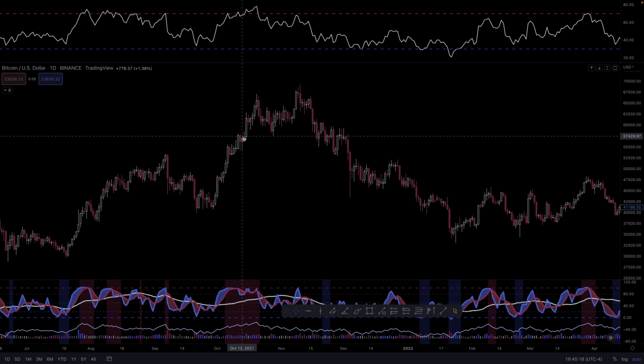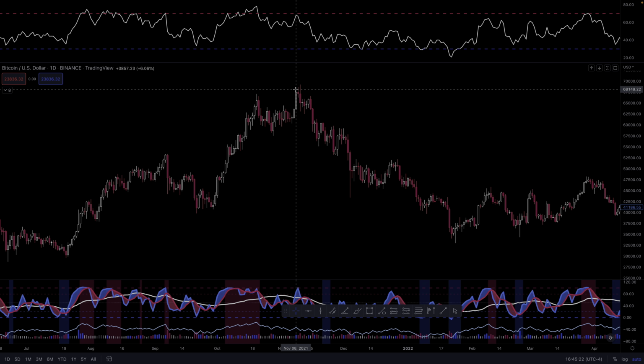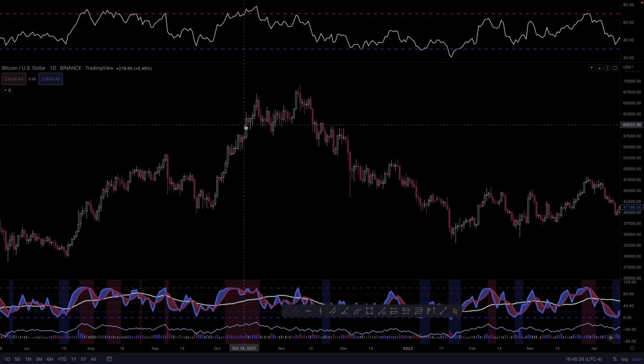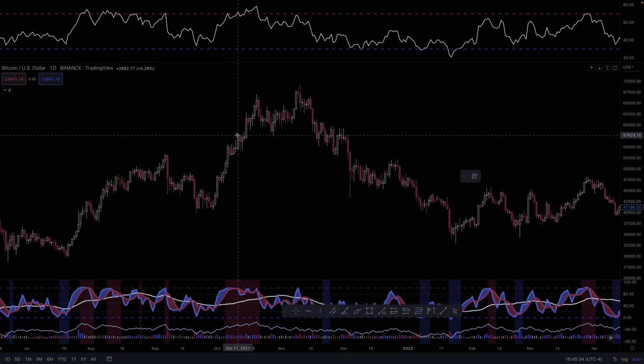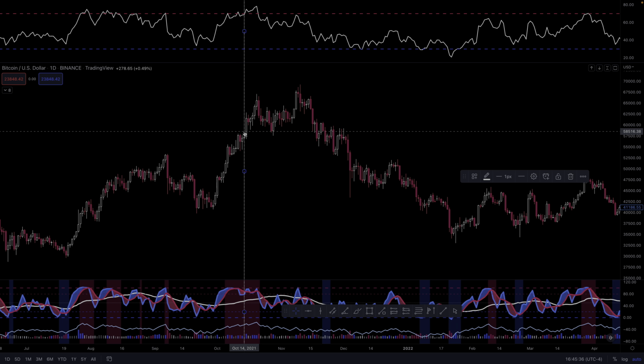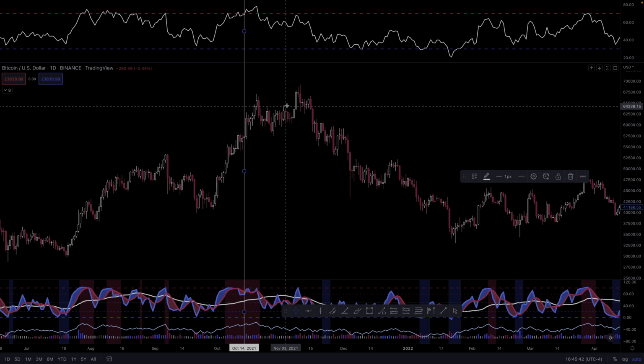It went above 70 right here at about 57,000 and continued on to 68,000. So obviously we don't want to use it in that way.